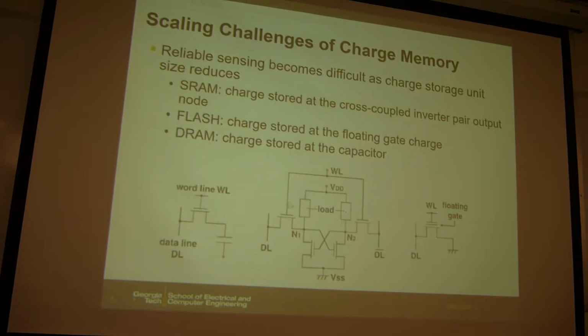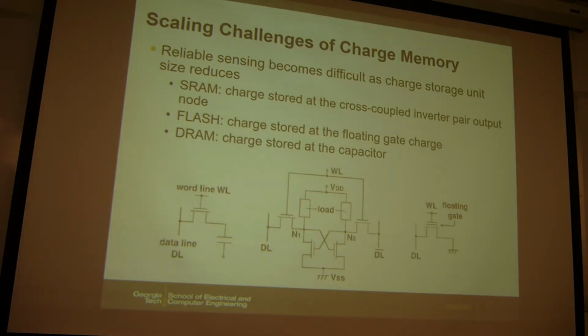So here are the scaling challenges for the conventional charge-based memory. As we discussed, no matter which one, they store the charge somewhere in the memory cell. But as you scale the technology node, the space you need to store the charge is scaled.